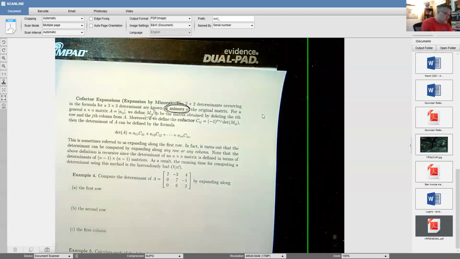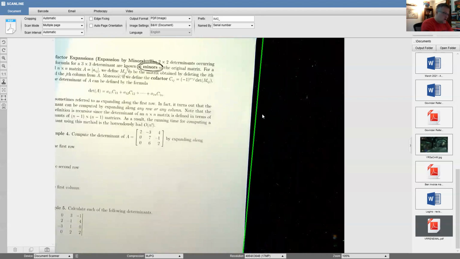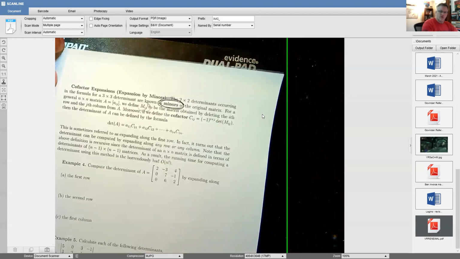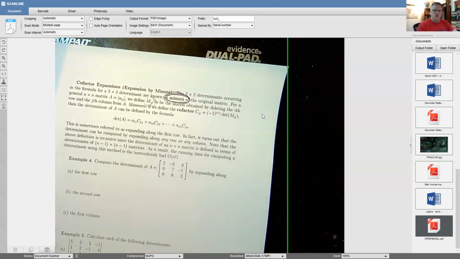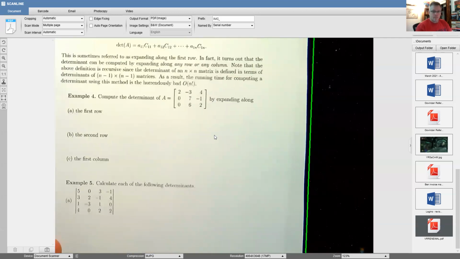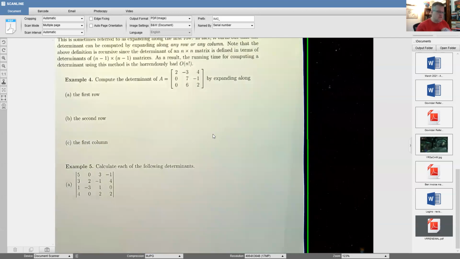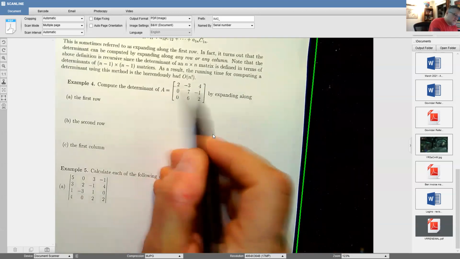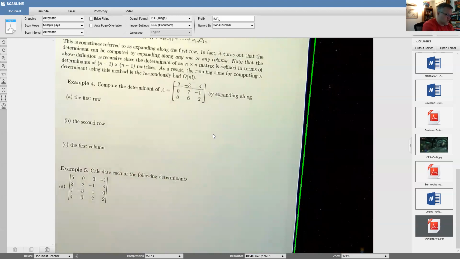All right, so let's go through and show this for just this particular matrix. Let's actually use different rows and columns and show that you get the same result no matter what. But sometimes it's easier than others. All right, so the standby is using the first row, right? Because when you introduce the cross product, that's the first thing you do.